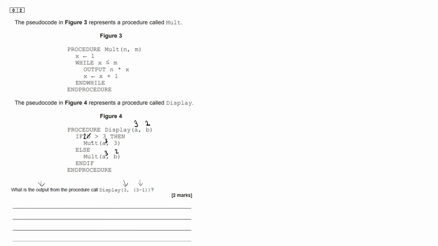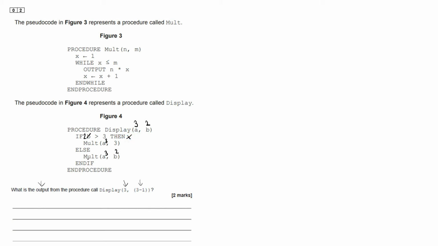So let's just see which one of these conditions is true, because now we've got to move up to here as well. We've got if 2 is more than 3. Well, that is false, so we're not going to be running that one.